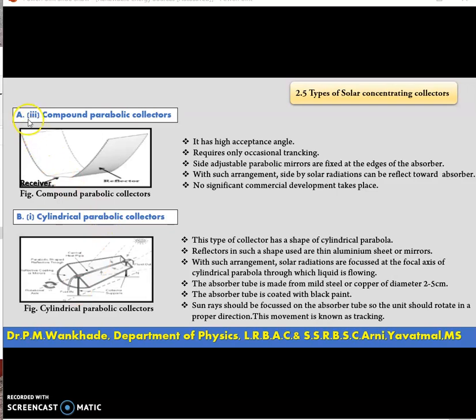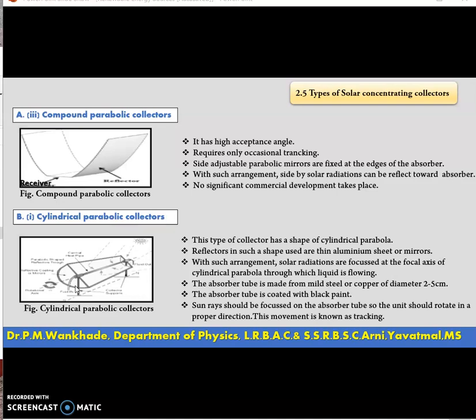While in the A types, that is flat plate collector, flat plate collector with reflectors and compound parabolic collectors, all are used where temperature ranges from 40 to 100 degrees Celsius. Now we will discuss cylindrical parabolic collectors. In this type of collector, the shape is a cylindrical parabola. Therefore, it is called the cylindrical parabolic collector.